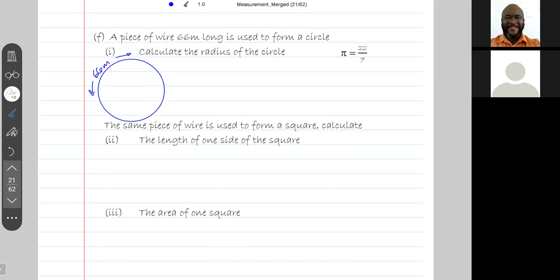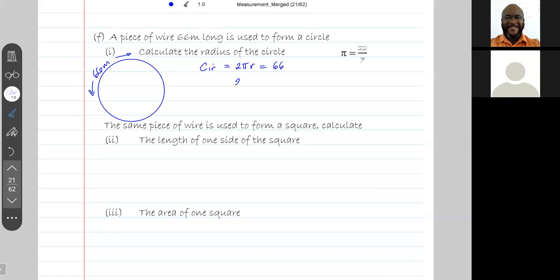But the blue line is the circumference. So since the blue line, which is the wire, is 66 meters, it means that the circumference of the circle is 66 meters. So the circumference, which is 2 pi r, is equal to 66 meters.